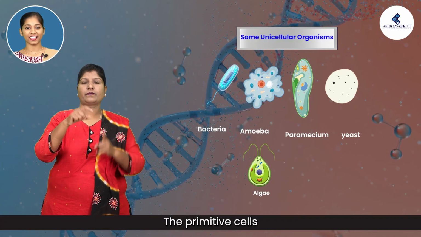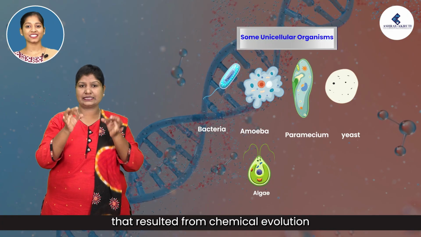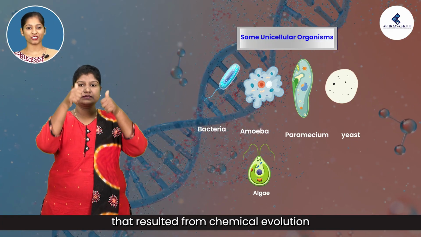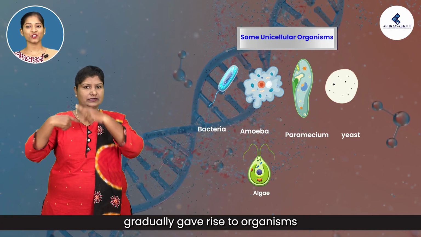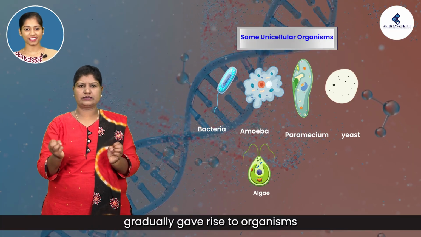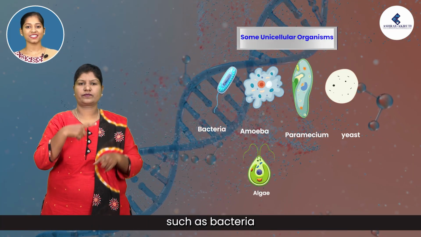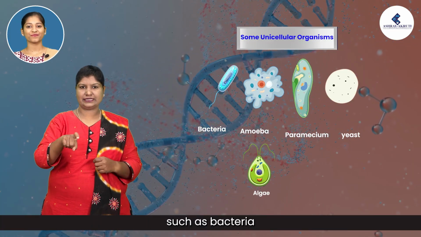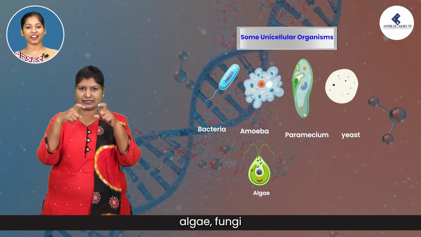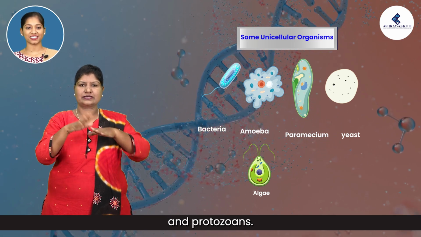The primitive cells that resulted from chemical evolution gradually gave rise to organisms such as bacteria, algae, fungi and protozoans.